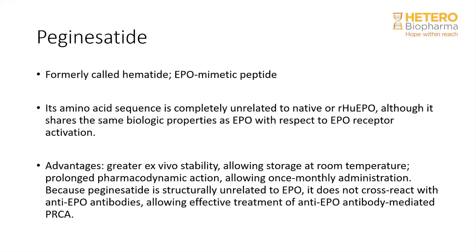The advantage is it is much more stable, allowing storage at room temperature without refrigeration, has a longer pharmacodynamic action, once-a-month administration, and because it is structurally dissimilar to EPO, it can be used in pure red cell aplasia.